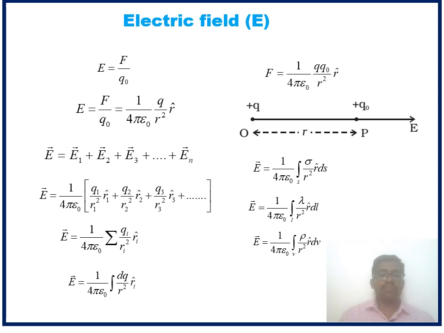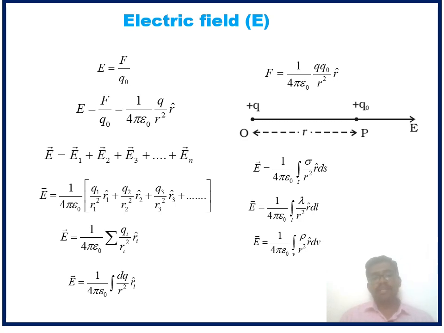Now we can write the electric field in terms of charges: 1 by 4 pi epsilon naught into Q1 divided by r1 square r1 cap, plus Q2 divided by r2 square r2 cap, up to n charges. So we can write it in terms of summation: E equals 1 by 4 pi epsilon naught, summation of Qi divided by ri square, ri cap.